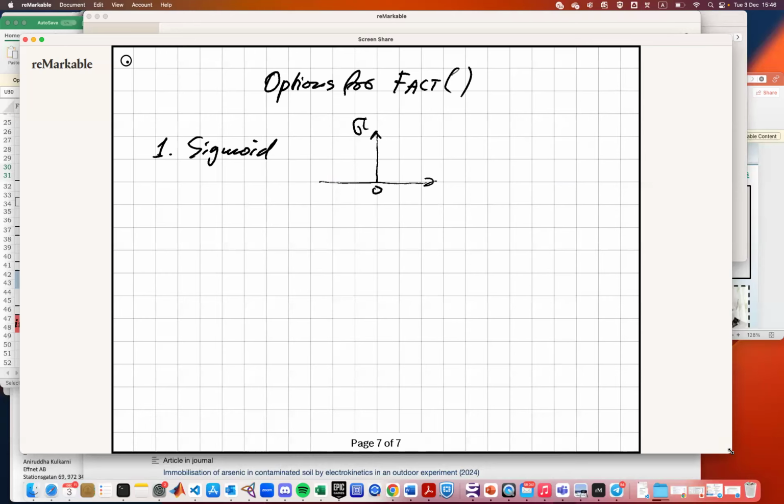This is your sigmoid of x, and this is x, and this is 1. And it looks like this. It is defined more formally as 1 over 1 plus exponent of minus x.